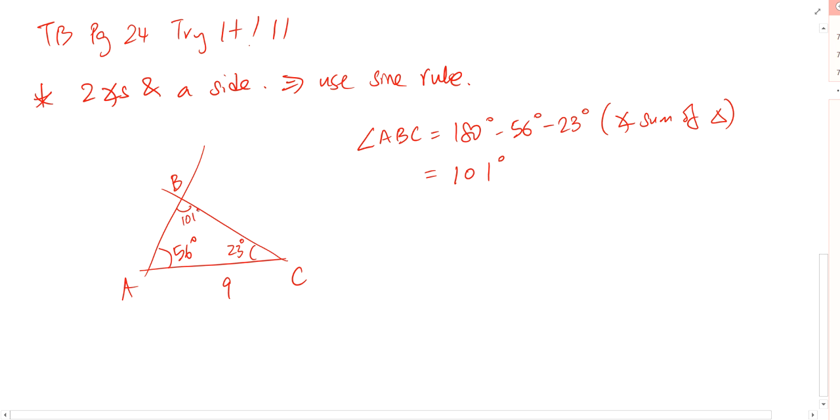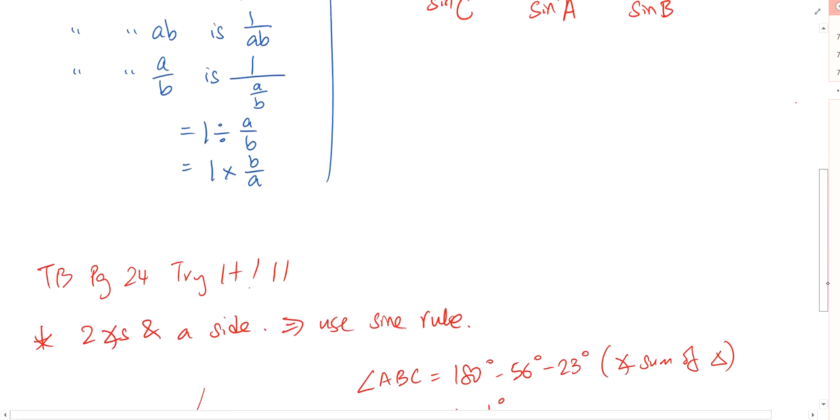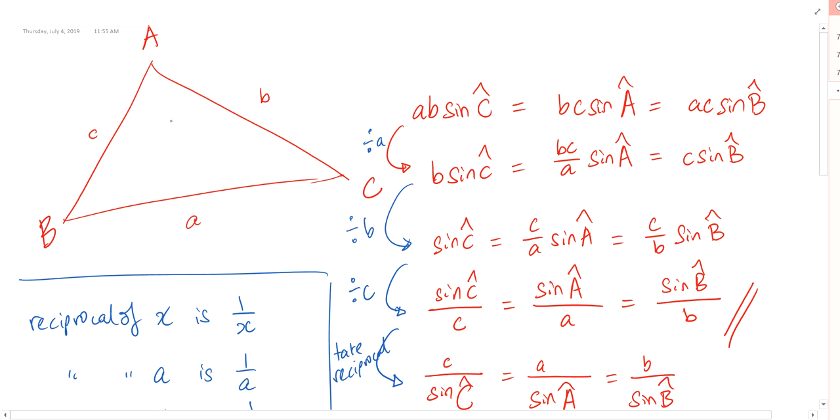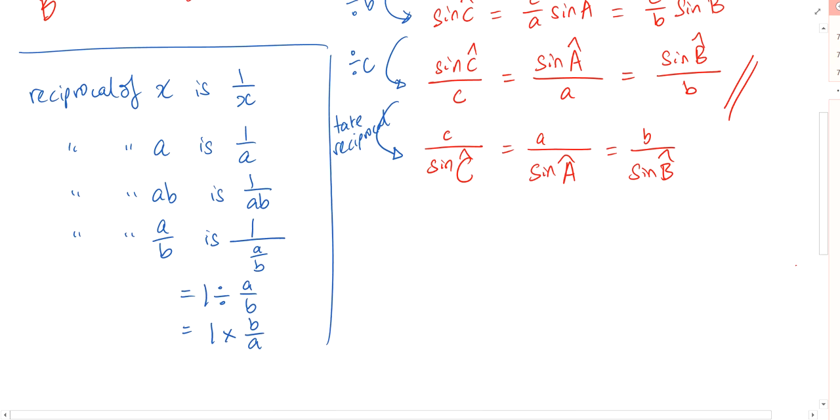Okay, so we were given two angles and one side. Now, remember our naming of the triangle, opposite sides, A and a, B and b, C and c. Then our sine rule: sine C over c, sine A over a, sine B over b. The opposite sides are in the same fraction, right? Now look at our question.